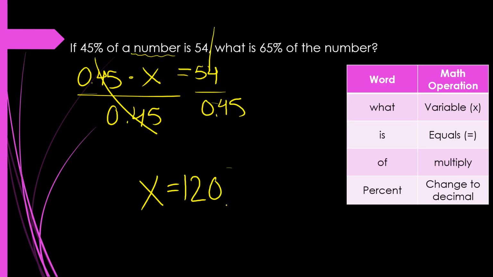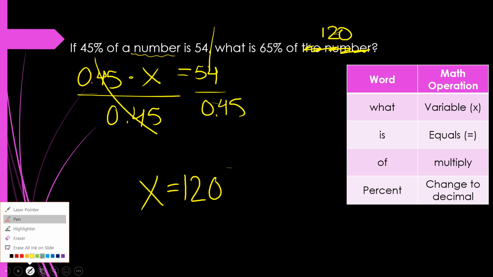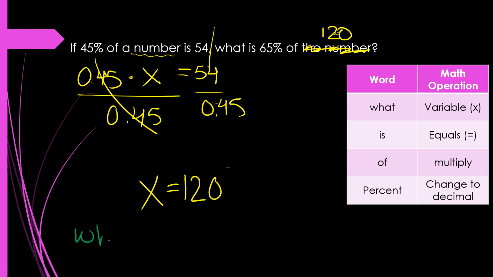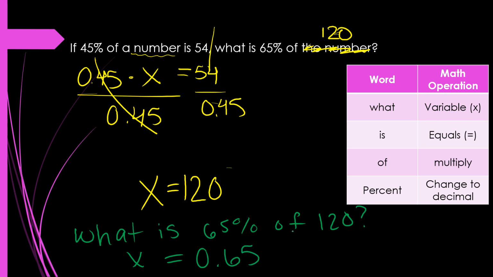Now that I know what that number is, instead of the number, I'm going to replace this with 120. So now my question that I'm answering here is, what is 65% of 120? So what is x? Is equal 65% changed to a decimal, of is multiplication, and 120.